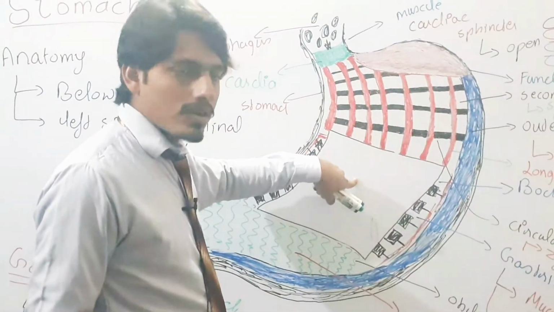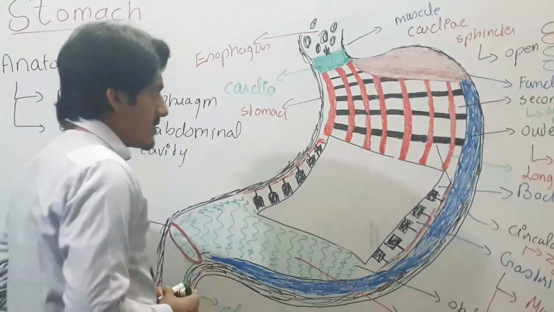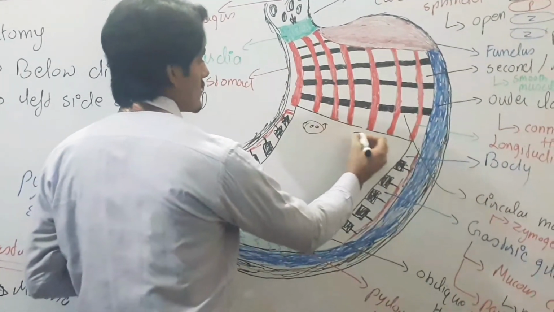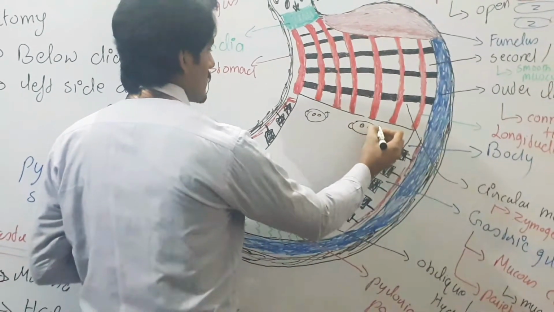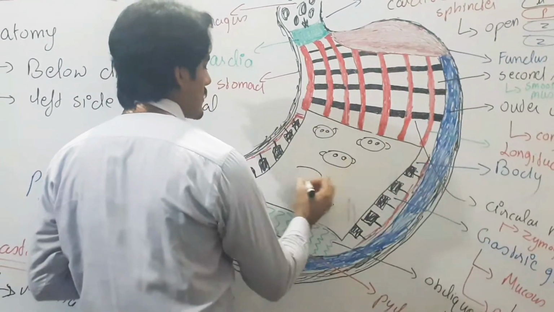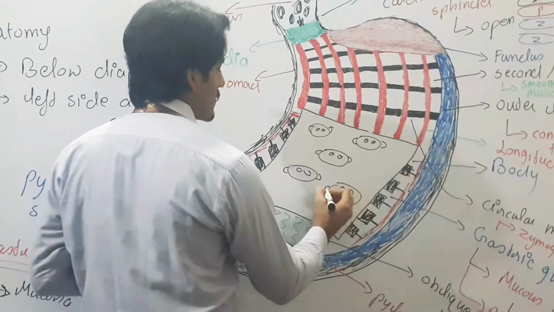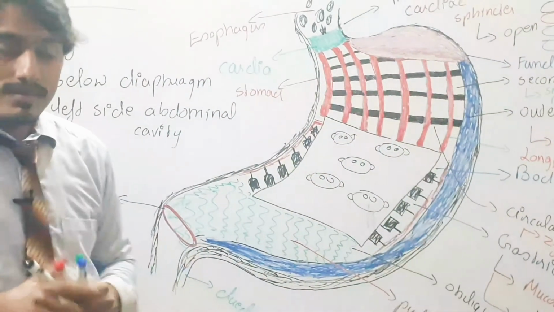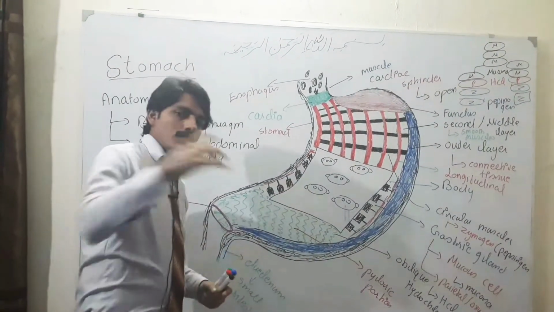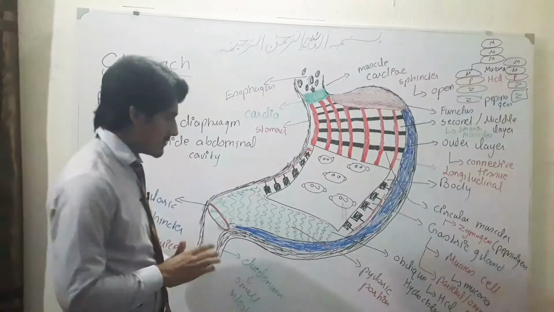This one is the body of the stomach. Suppose these are food particles which come inside the stomach body.